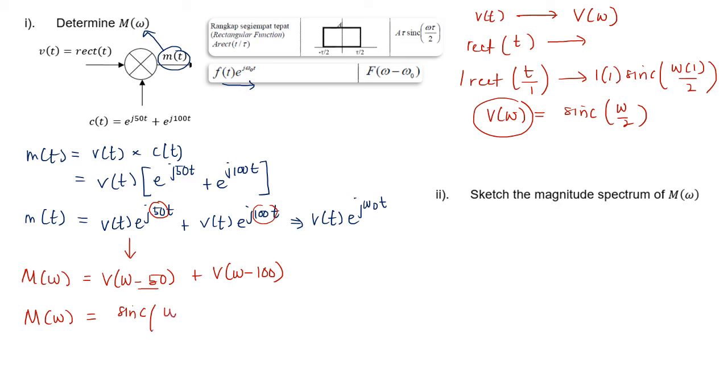So sinc of omega minus 50 divided by 2, plus the second component, sinc function with the omega shifted by 100 divided by 2. So this is the equation of your M(omega).